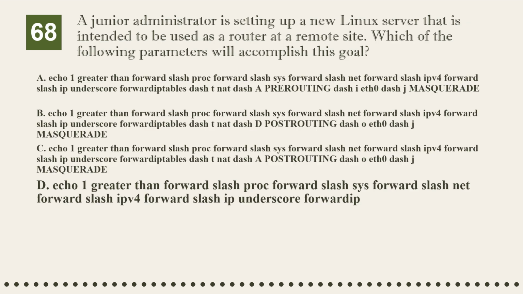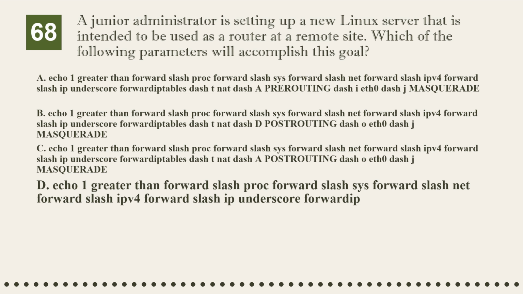Question 68. A junior administrator is setting up a new Linux server that is intended to be used as a router at a remote site. Which of the following parameters will accomplish this goal? Option A, echo 1 > /proc/sys/net/ipv4/ip_forward; iptables -t net -A prerouting -o eth0 -j masquerade.